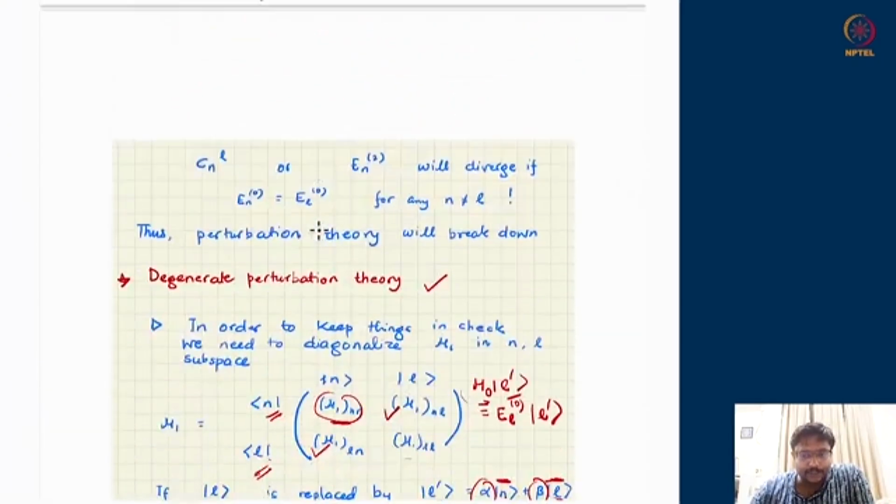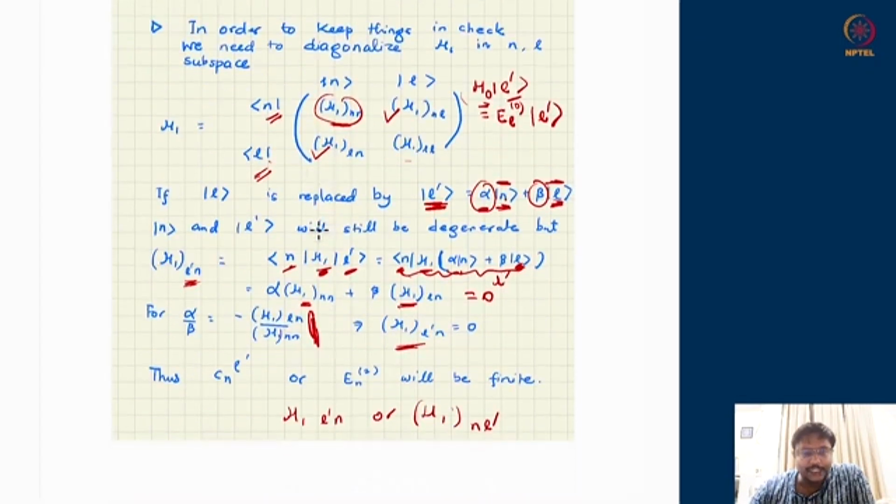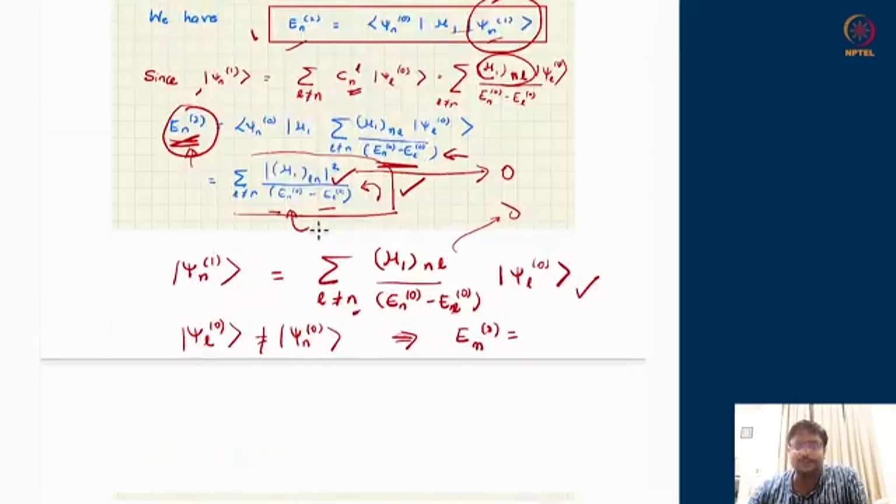So the idea is, whenever you have degenerate states, you should check the Hamiltonian of perturbation first and see if the off diagonal terms are 0 or not. If they are 0 to begin with, you don't have to worry, because despite the energy eigenvalues being the same, the 0 in the numerator saves you.